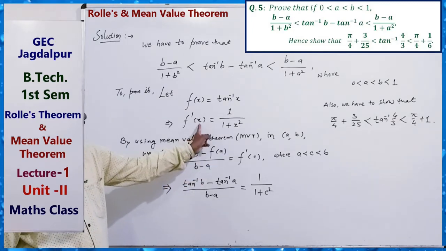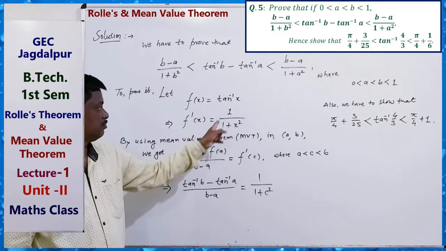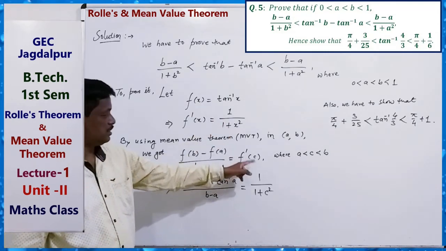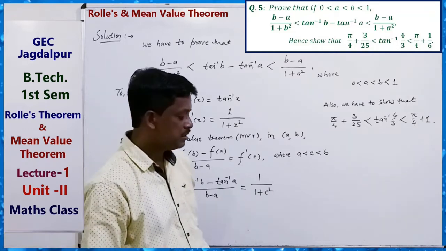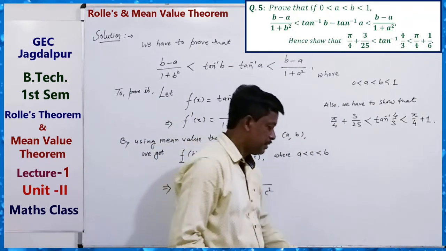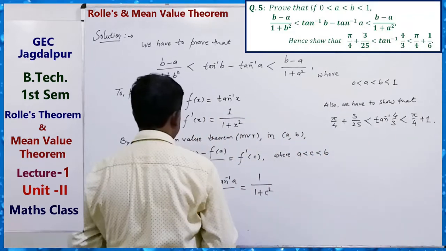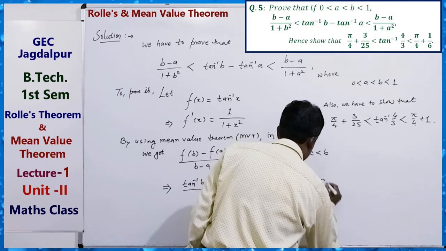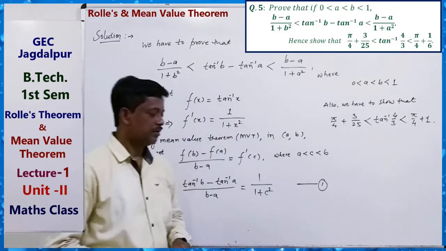Since f dash x is 1 upon 1 plus x square, f dash c is 1 upon 1 plus c square. Now just see that here, this is equation first. Clear?